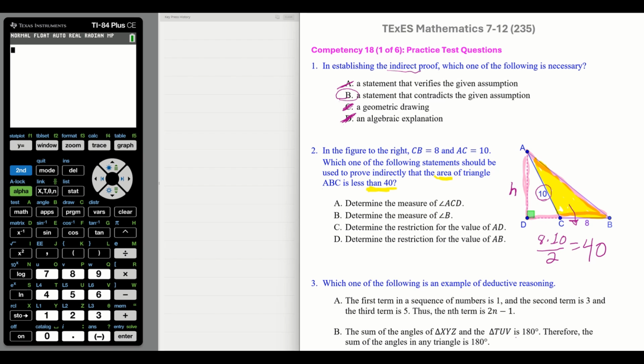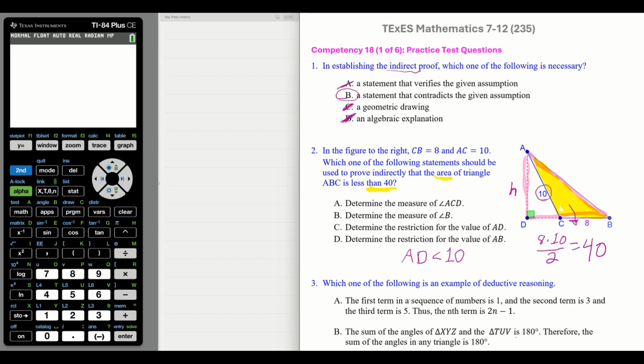What does that tell us? That tells us that that height of AD, this is a contradiction. That in itself can't work. Why can it not work? Because the height of AD is going to be less than 10.